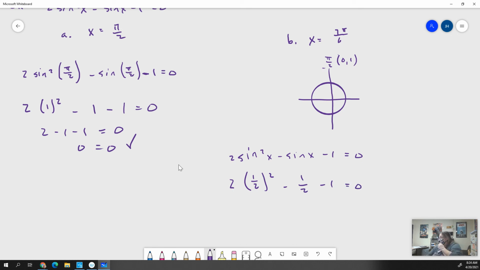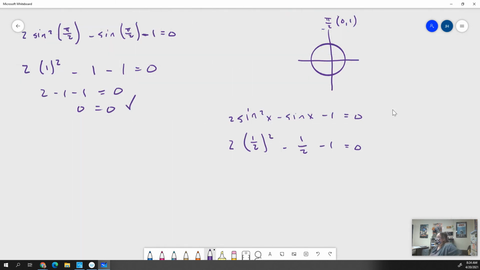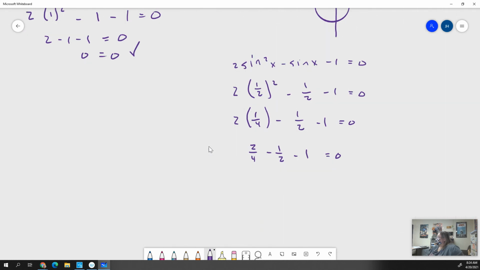And now we just have to do the math on that and prove it, right? So if I look at 1/2 and I square it, I've got 2 times 1/4 minus 1/2 minus 1. If I multiply this times 2, I have 2/4 minus 1/2 minus 1. Keep my equal 0. 2/4 is just 1/2, right?